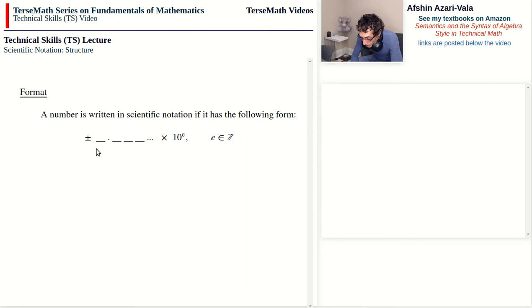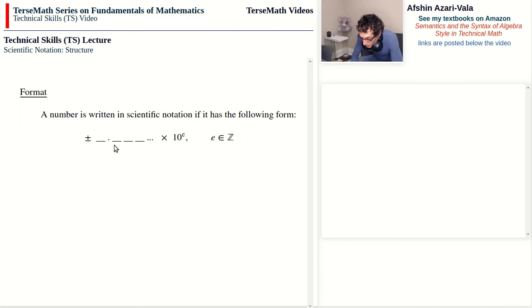Now here comes the first thing you have to pay attention to. There is only one non-zero digit on the left side of the decimal point, which is the whole side. So you can only put one digit and it cannot be zero. And therefore it can be 1, 2, 3, 4, 5, 6, 7, 8, 9, and that's it.